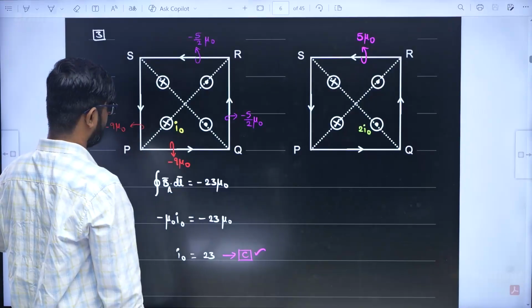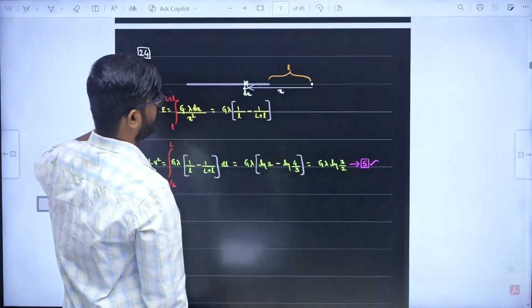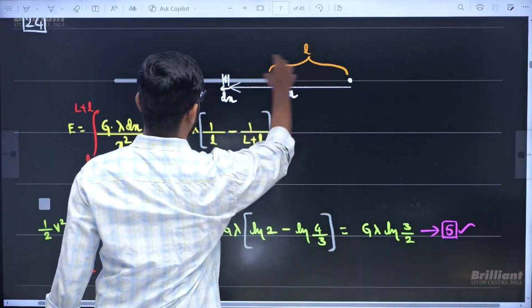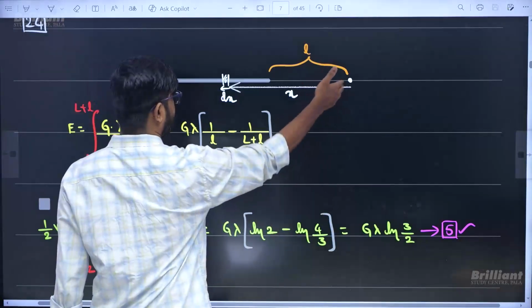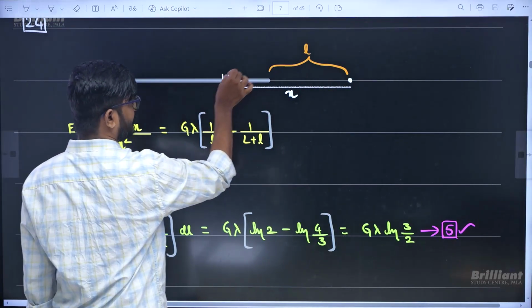So what I will be trying to do is find how the gravitational field is going to behave at any random distance. At any random distance l, if I want to find the gravitational field because of the rod, I have to integrate. I will take some element at a distance x, which is dx, and find the field because of this element.